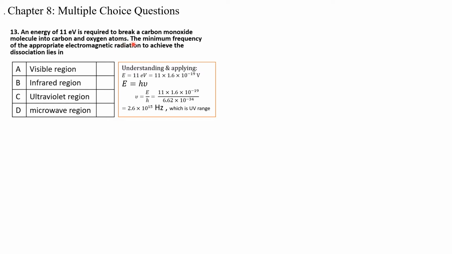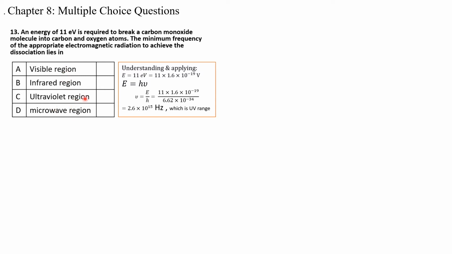Now the question is: the minimum frequency of the appropriate electromagnetic radiation to achieve this dissociation lies in which region? There are four options. A is visible region, B is infrared region, C is ultraviolet region, and D is microwave region. So we have to calculate it and determine the region.